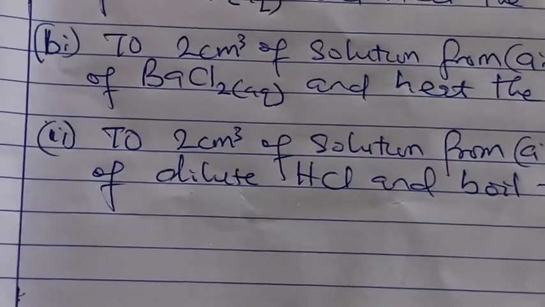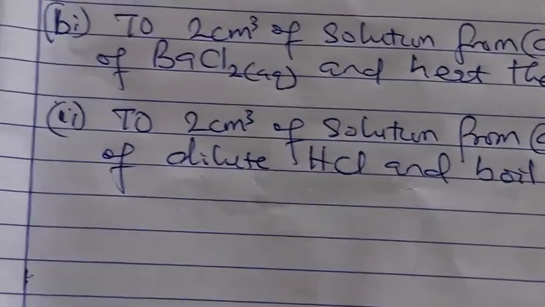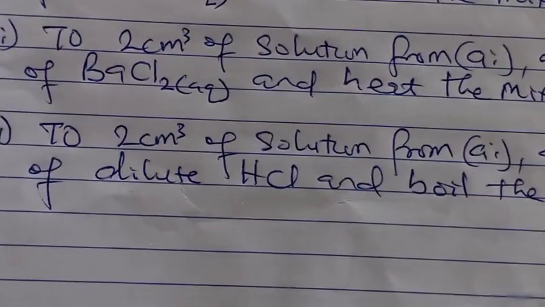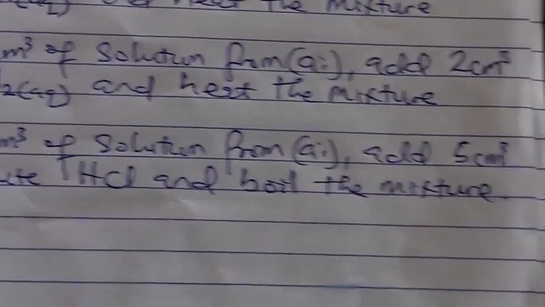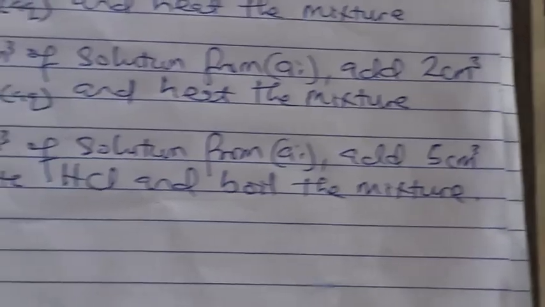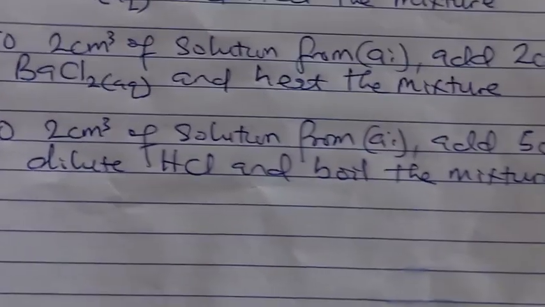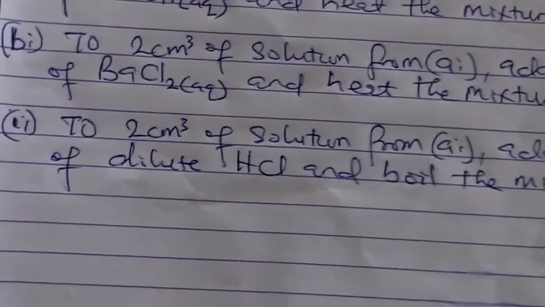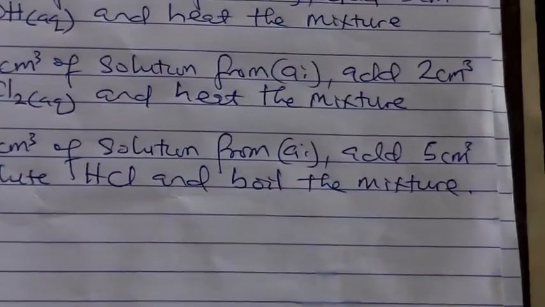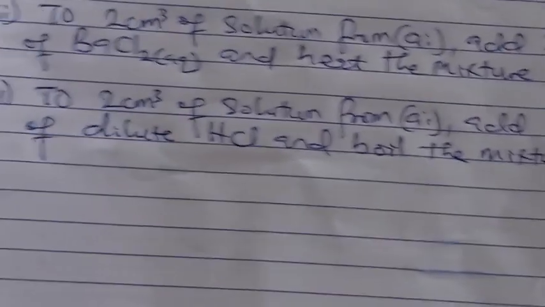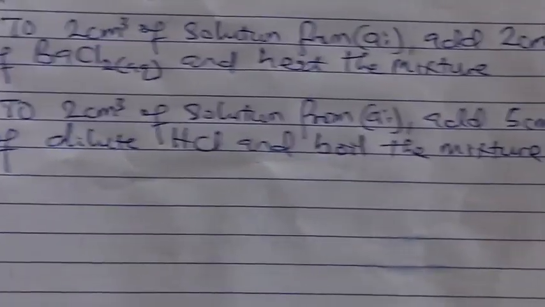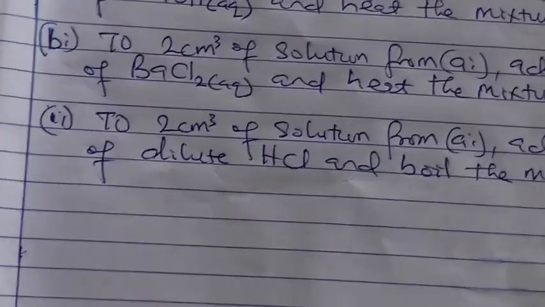So now I go to the last question, that is BII. It says: to 2 cm³ of solution from AI, add 5 cm³ of dilute HCl and boil or heat the mixture. I repeat, to 2 cm³ of solution from AI, add 5 cm³ of dilute HCl and boil the mixture. So look at question BI and look at BII.